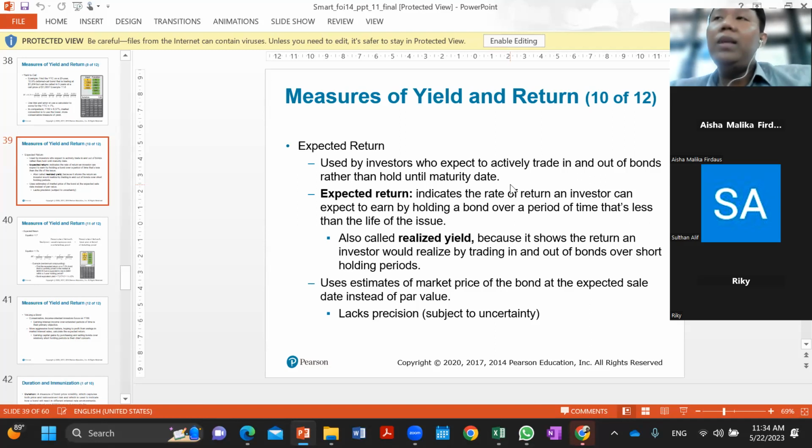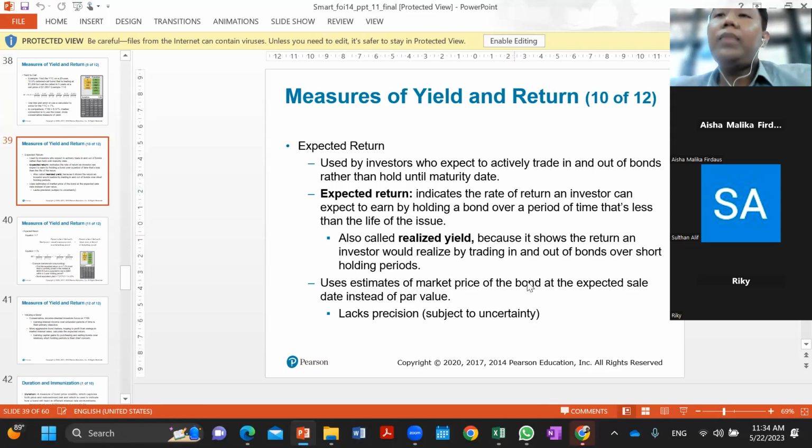You'll just hold it until maturity and receive all the coupon payments and the face value at maturity. But if you decide to sell the bond after a certain number of years, because you need some cash, then there is some calculation we have to make to measure our expected return.